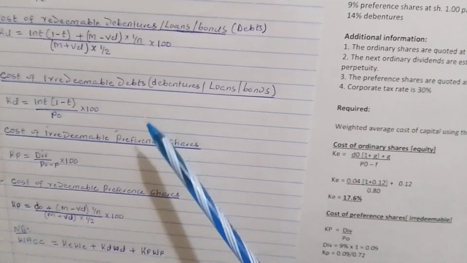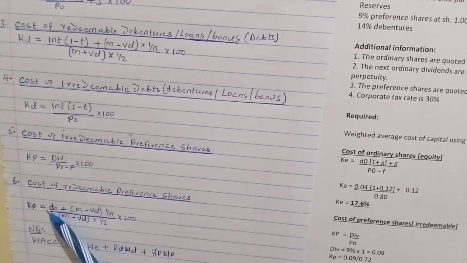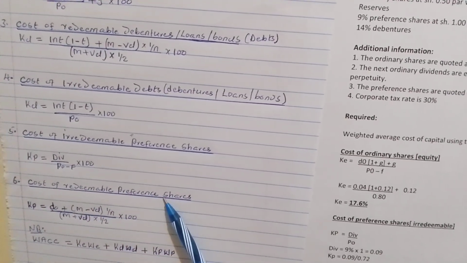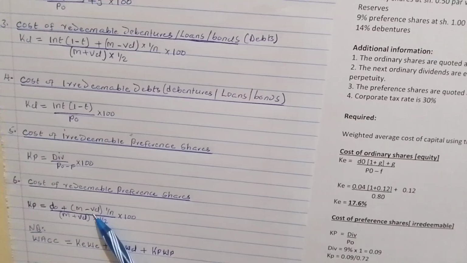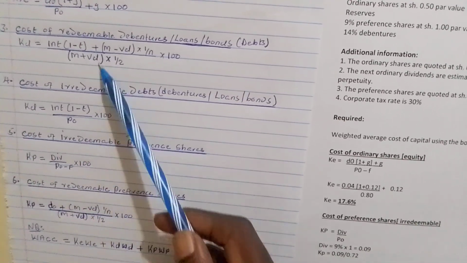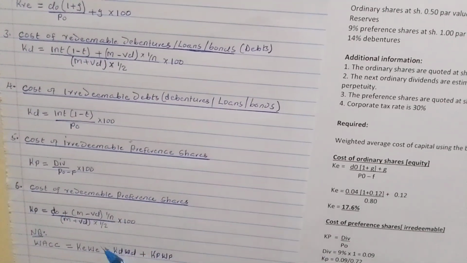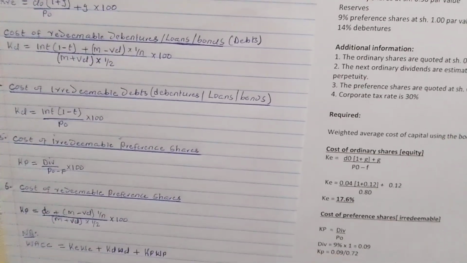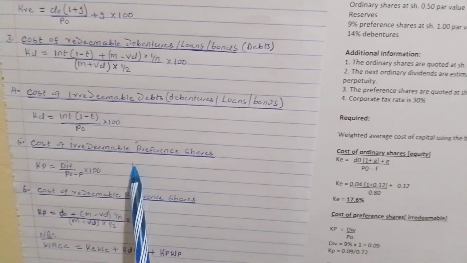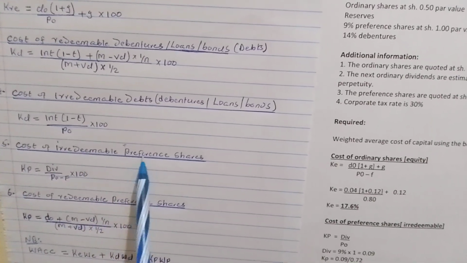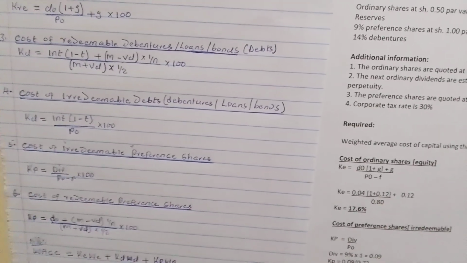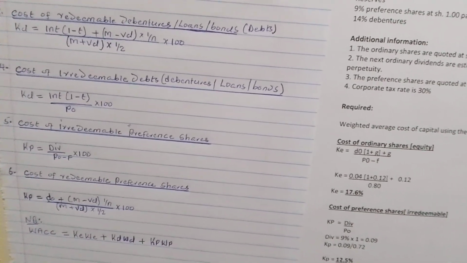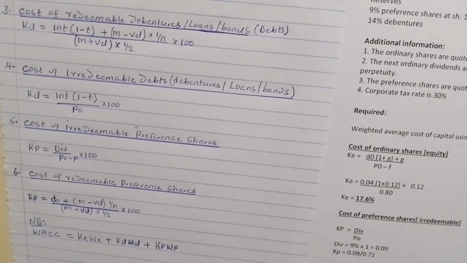However, for this paper, you just need to know where you are dealing with preference shares, this formula and this formula, they are similar to that of debts, only that you replace interest with dividends. So if you are calculating cost of irredeemable preference shares, we say that irredeemable preference shares are those shares without maturity period.